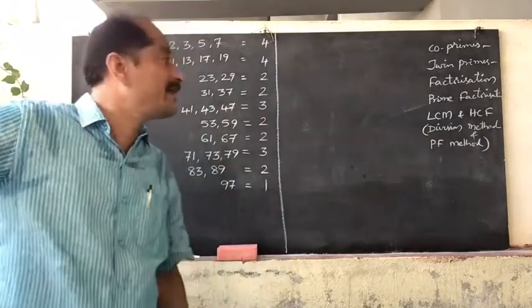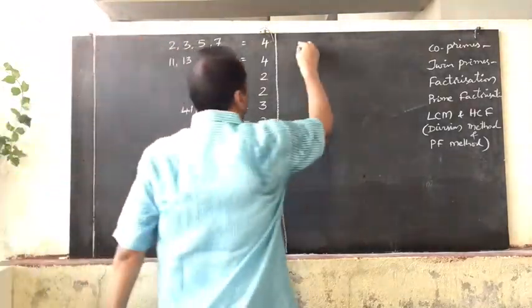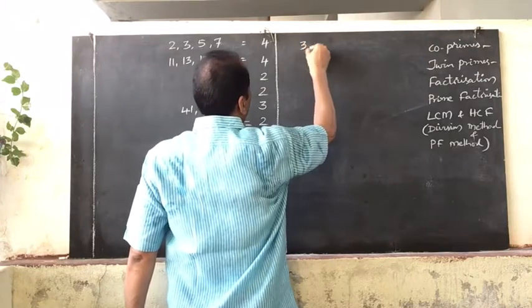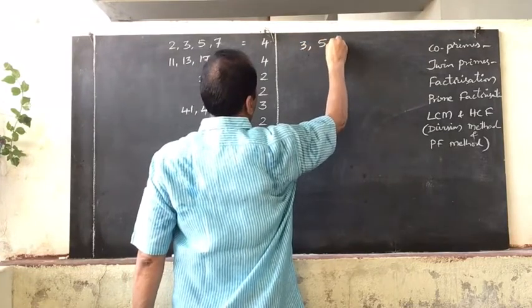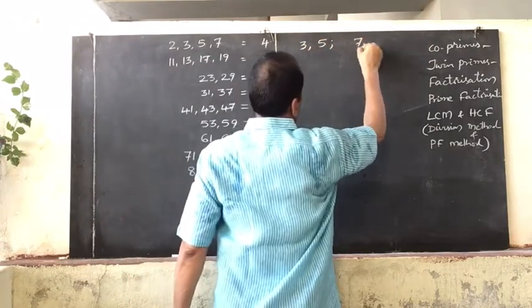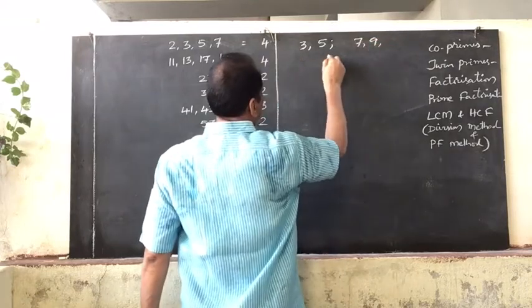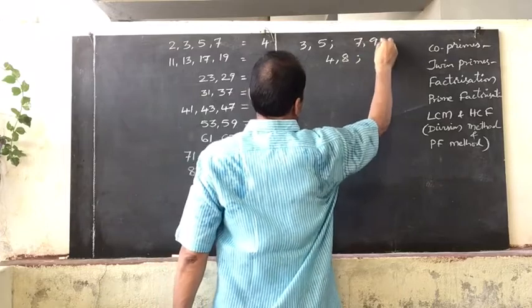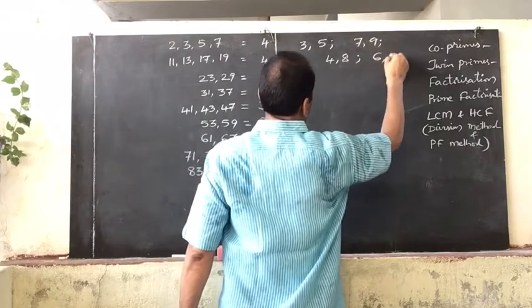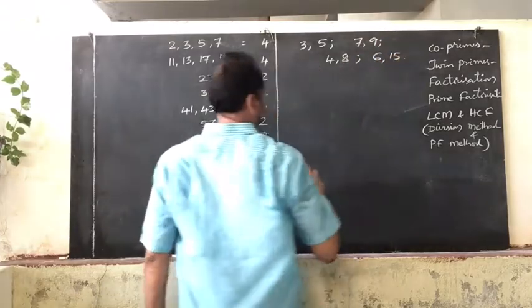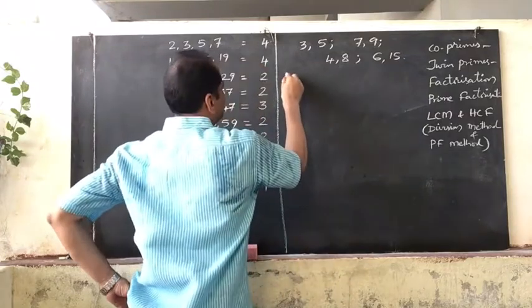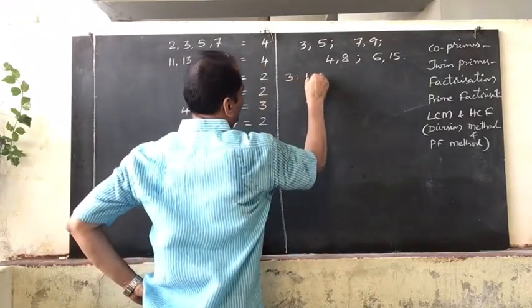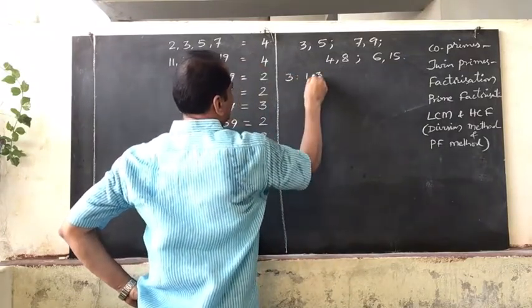co-prime numbers. For example, observe carefully. 3, 5. 7, 9. 4, 8. 6, 15. Observe these factors. The factors of 3 are 1 and 3.